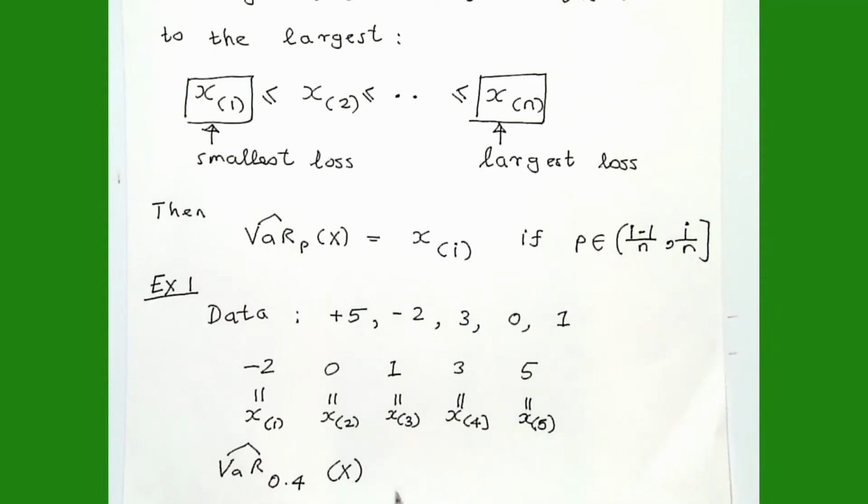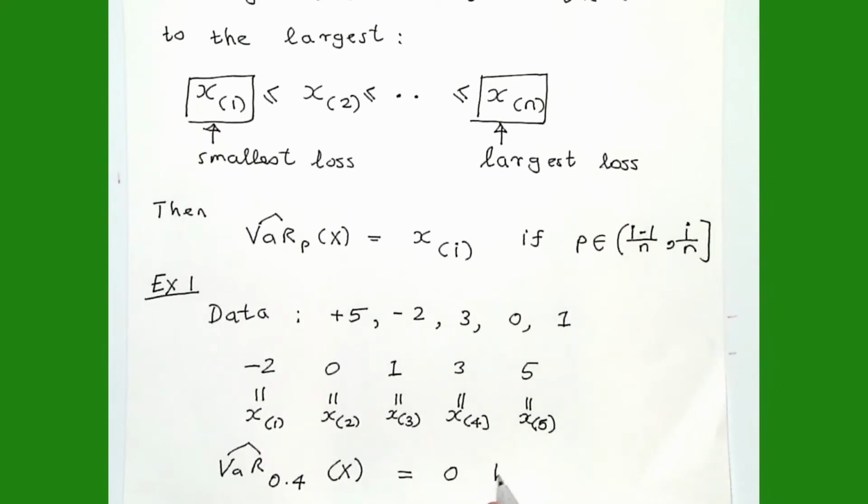So this will be equal to 0, because 0.4 belongs to the interval from 1 divided by 5 to 2 divided by 5.